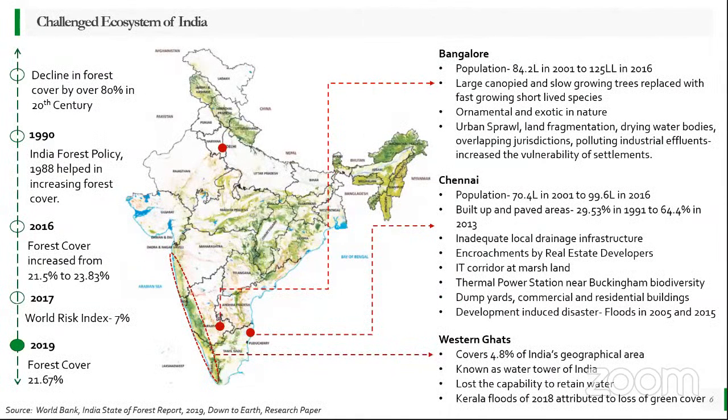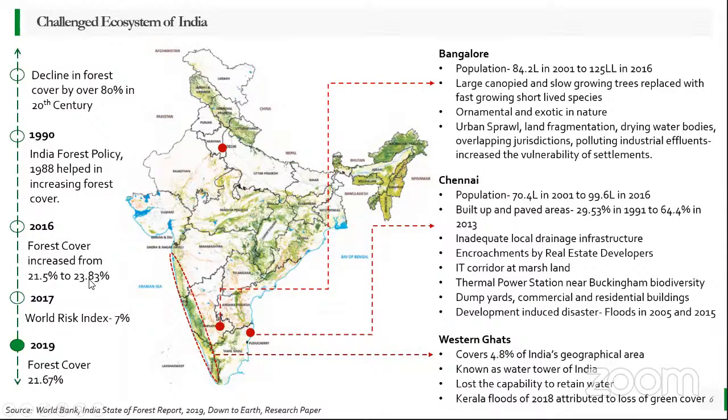Let us focus on the status of green areas in India. There was a decline in forest cover by 80% since the 20th century. From 1990, after the India Forest Policy came in 1988, there was an attempt to increase forest cover, which led to an increase of a few percentage points, like 21.5% in 1992 and 23.883% in 2016.